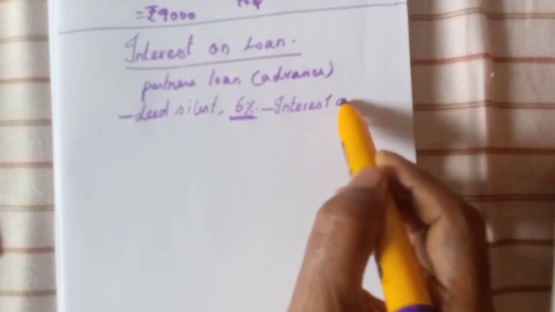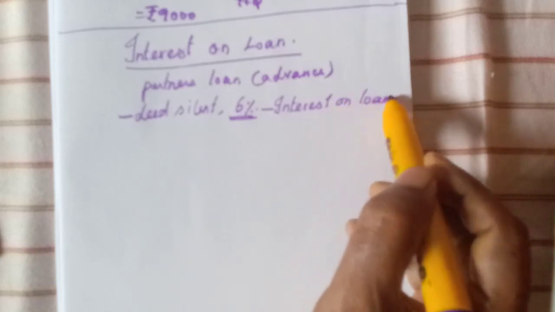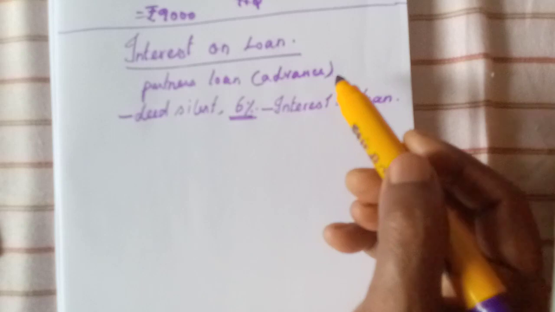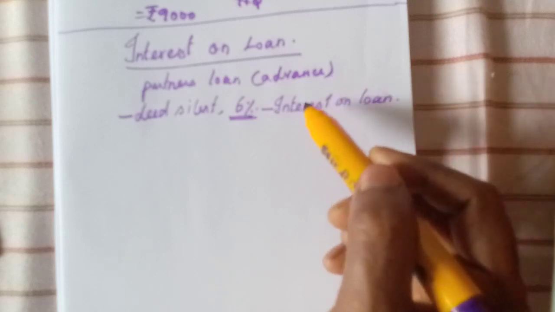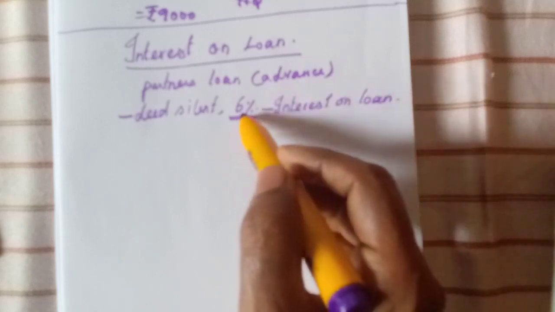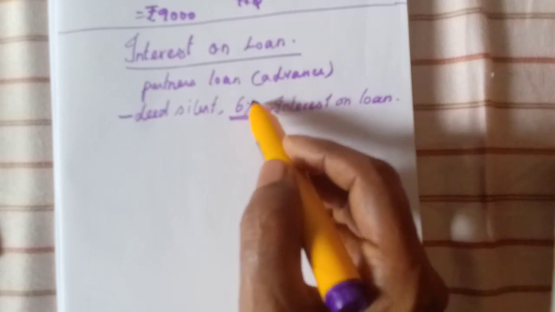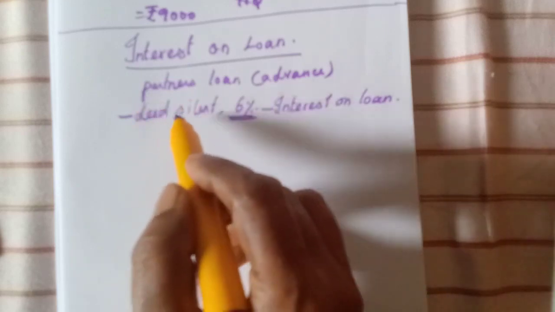Already we have learned this. Interest on capital and drawings need not be paid if the deed is silent, but interest on loan must be paid at 6% per annum even if the partnership deed is silent.